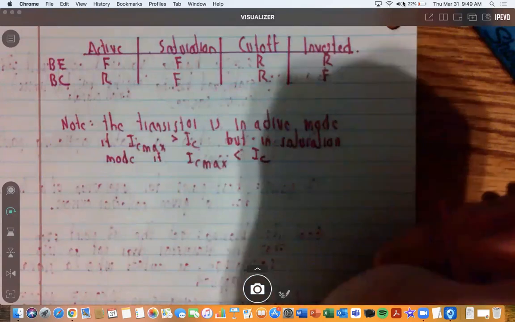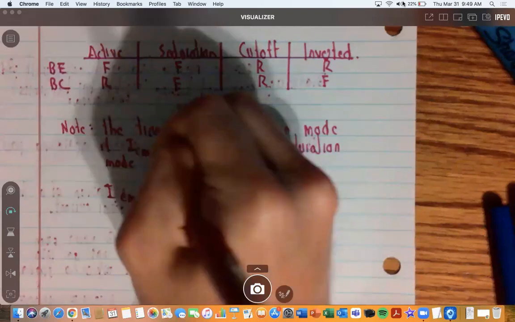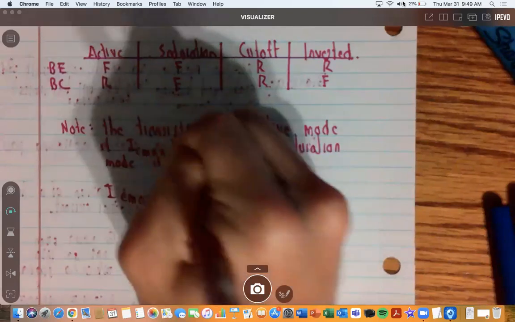And so what you just need to remember is IC max equals VCC over RC.